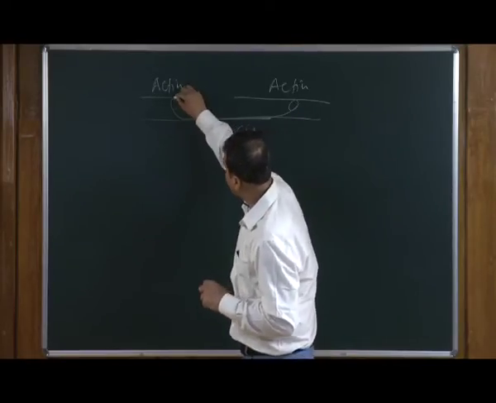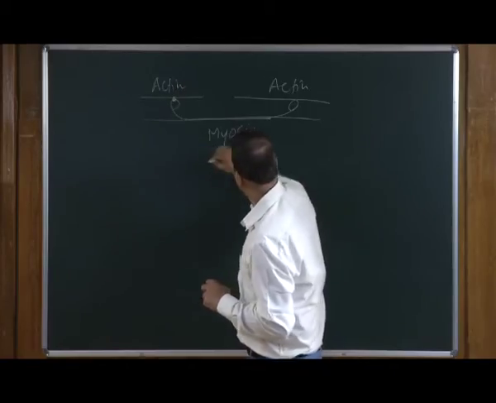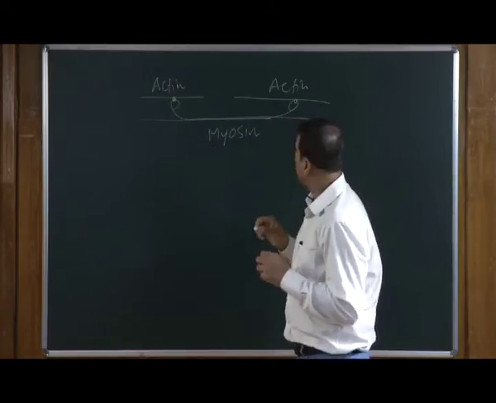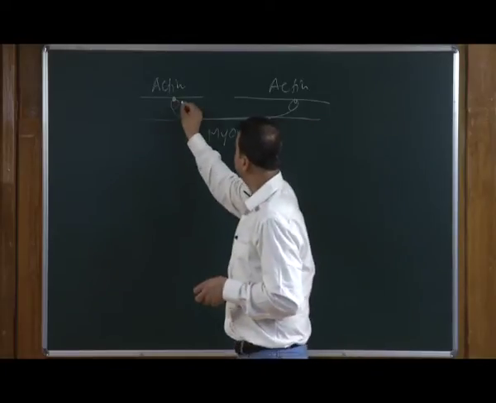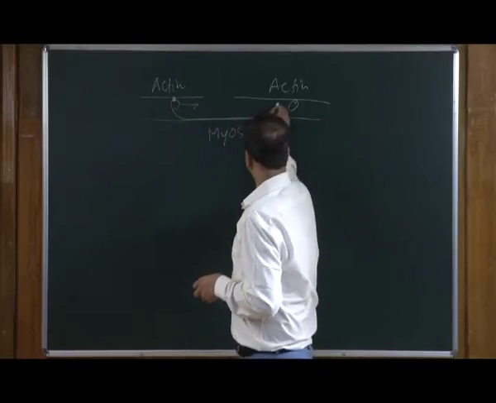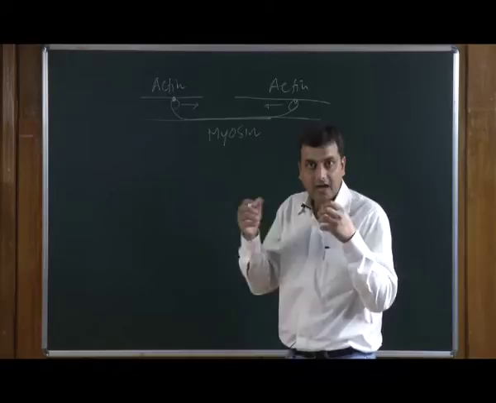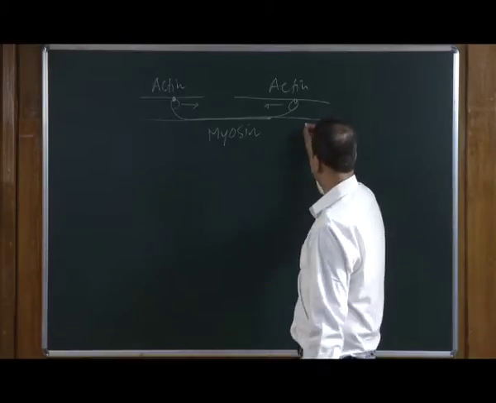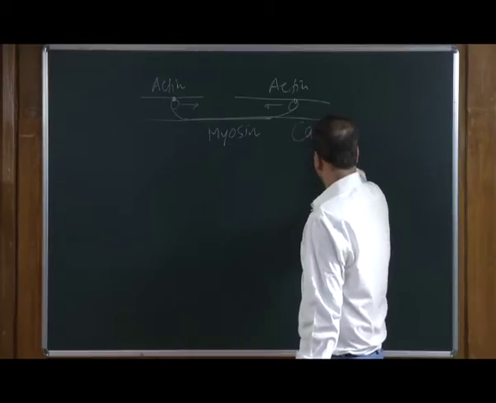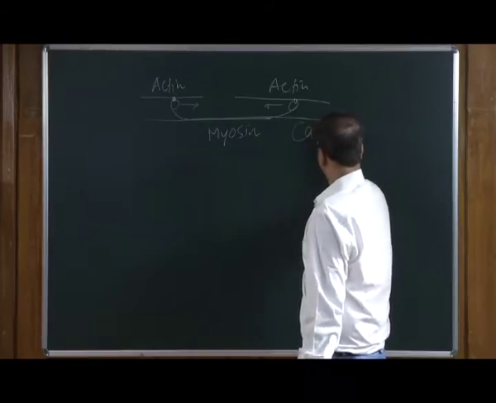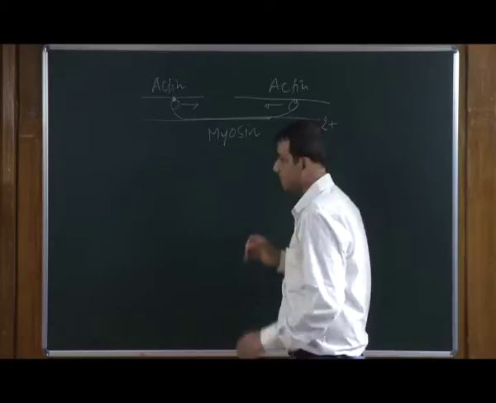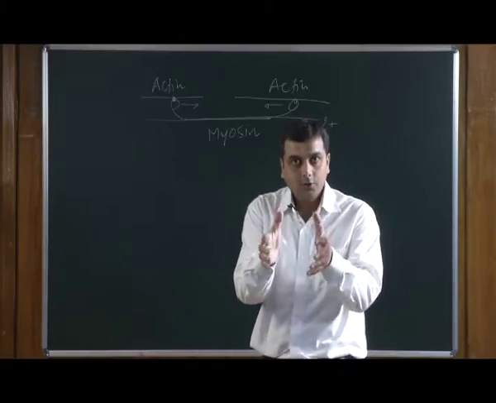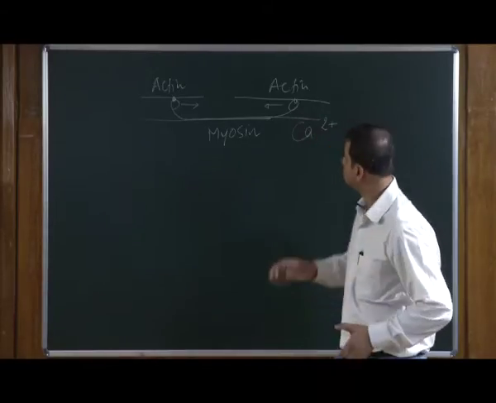Now, after this binding of globular actin to this myosin head, we have this dragging movement towards here. This dragging movement is happening because of the involvement of calcium ion. So, calcium 2 plus is important in order to do this contraction phenomenon.